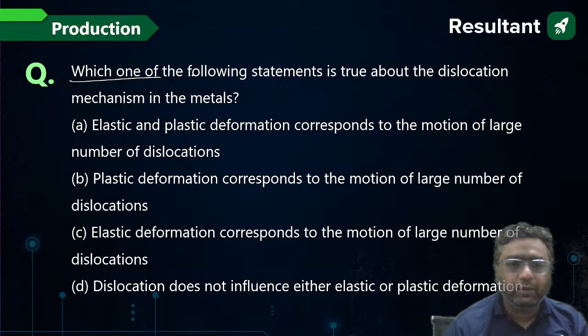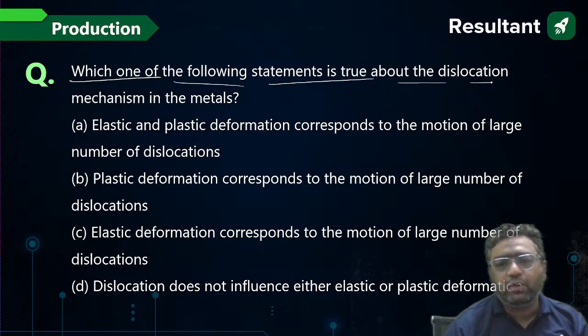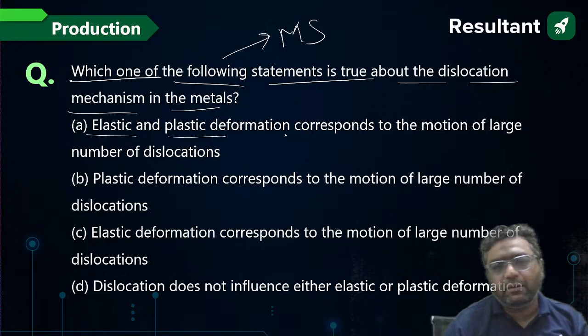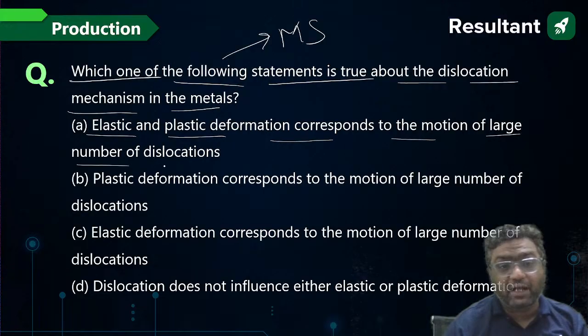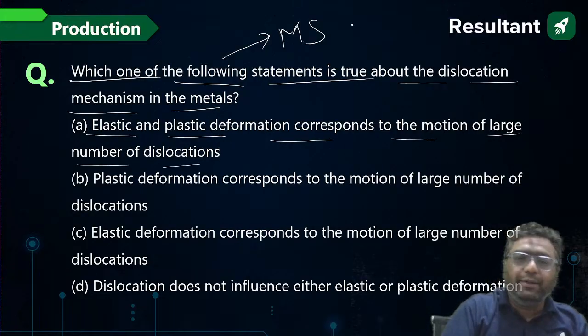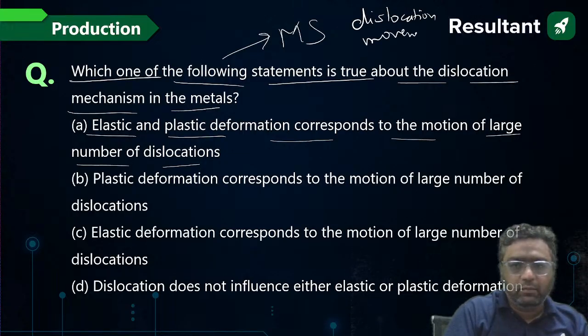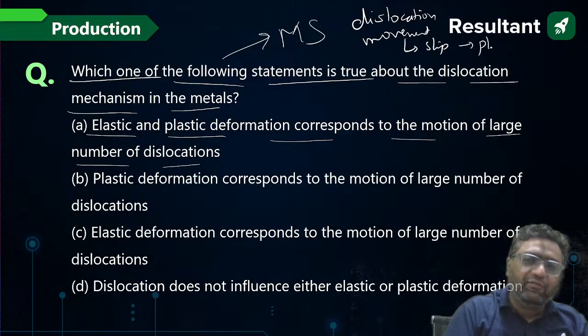Last question. Which one of the following statements is true about the dislocation mechanism in the material? Elastic and plastic deformation correspond to the motion of a large number of dislocations. You know, dislocation movement is known as slip, and slip itself means plastic deformation.